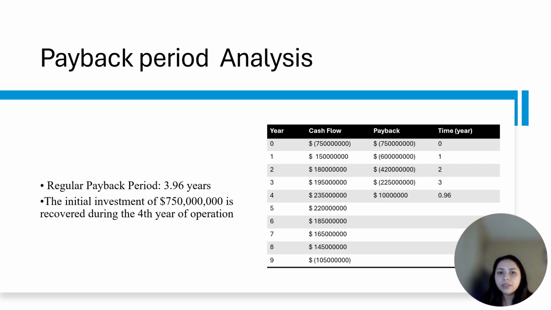This payback period of 3.96 years indicates a relatively quick recovery of the initial investment, which is typically considered good for a large capital project. A payback period of less than 4 years suggests this project has good liquidity characteristics, with capital being freed up for other investments relatively quickly.